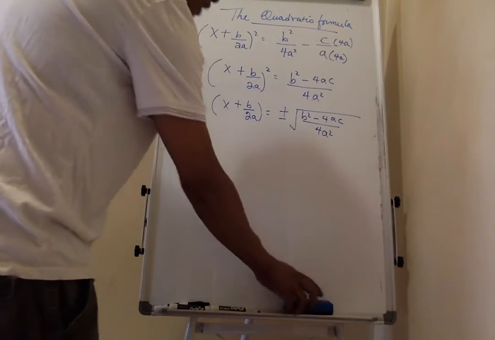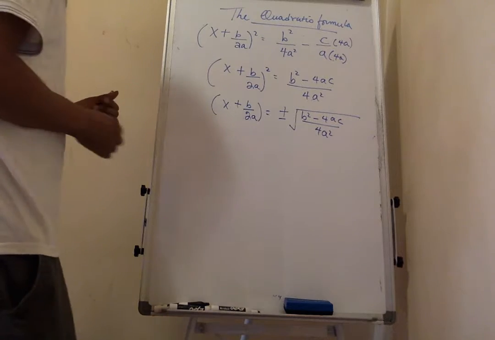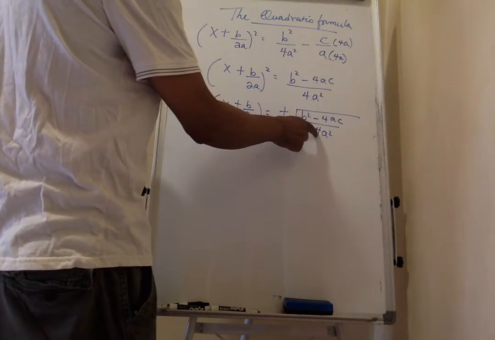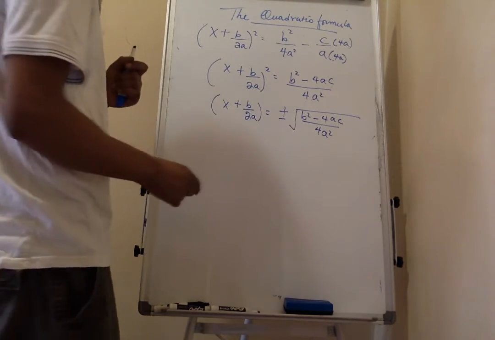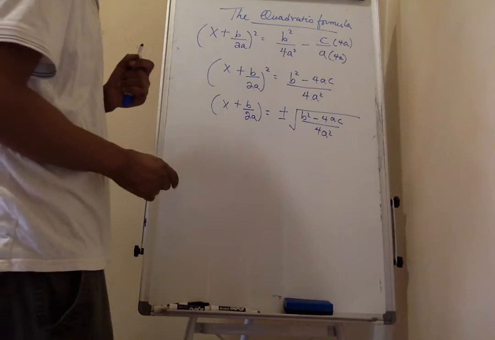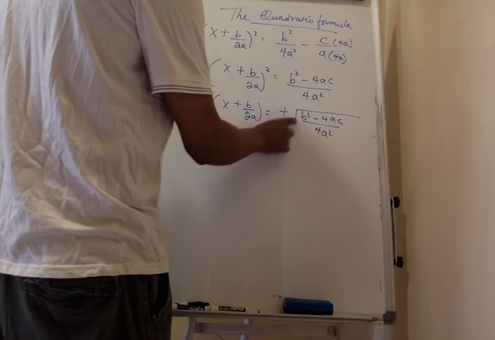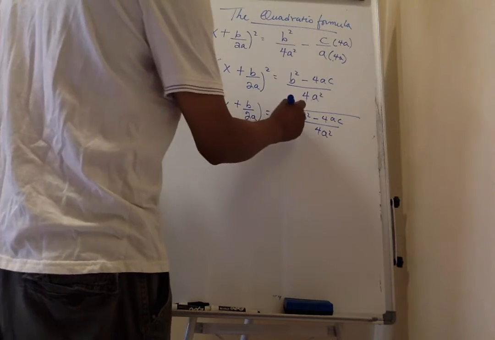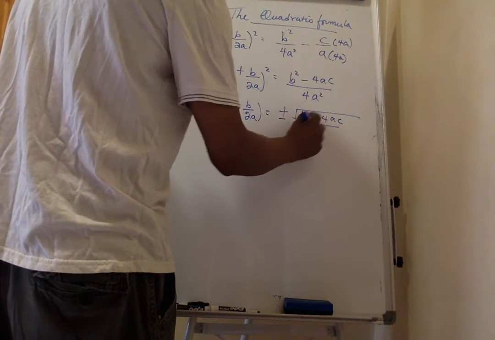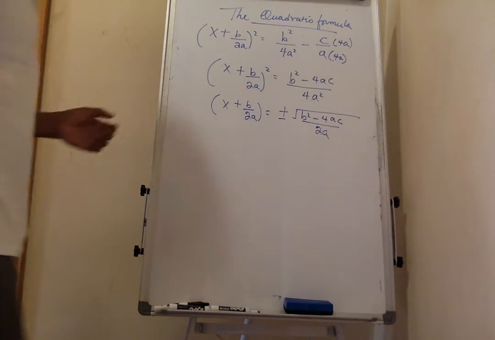Now, look at this. You can find the square root of 4, which is 2. The square root of a squared is a. So you can take the denominator out of the radical and simply write 2a.